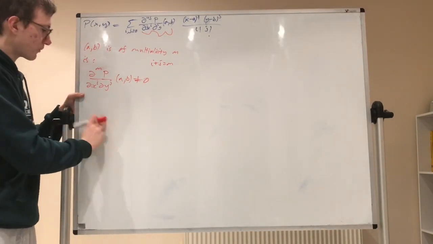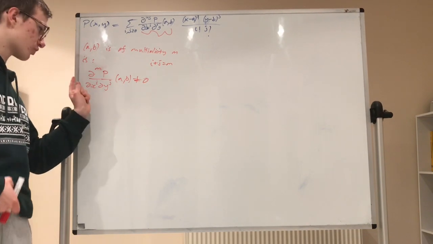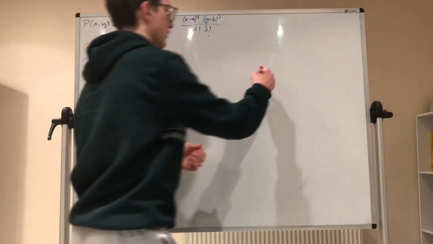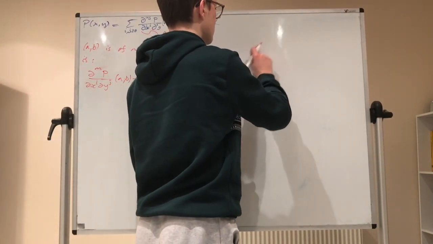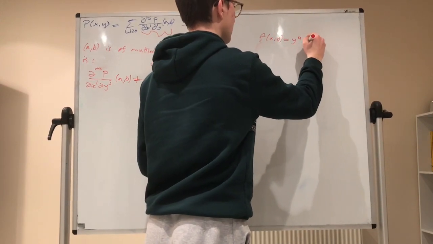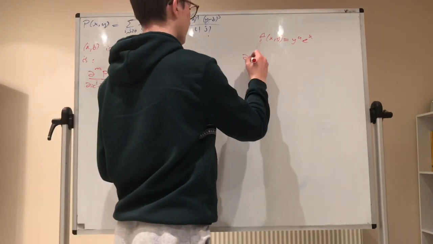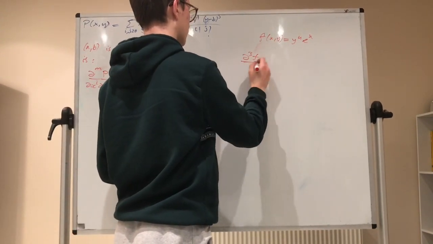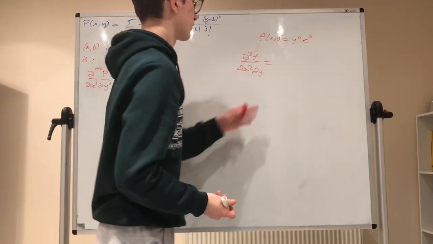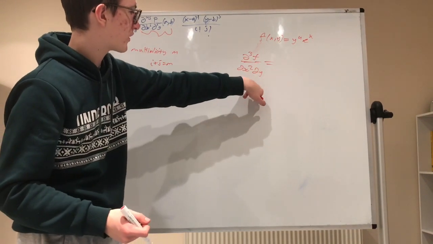The notation means that you do the partial derivative of this p with respect to x i times. So let's just take the function f of x, y equals y to the 4th times e to the x. Then if we do the third partial derivative, and we do it x 2 times and y once, we differentiate with respect to x twice.